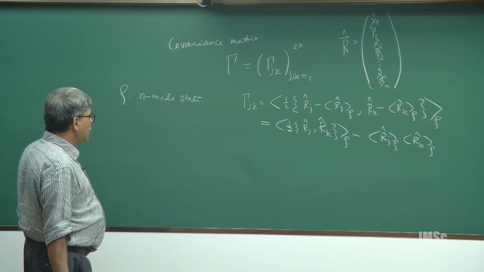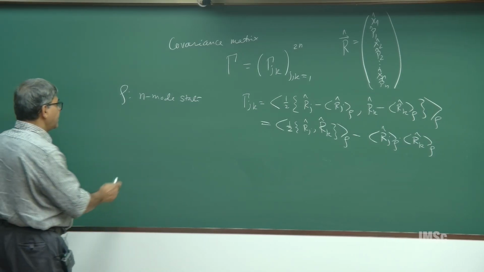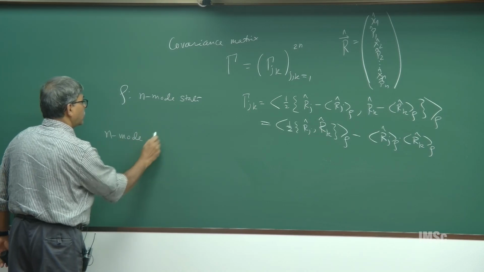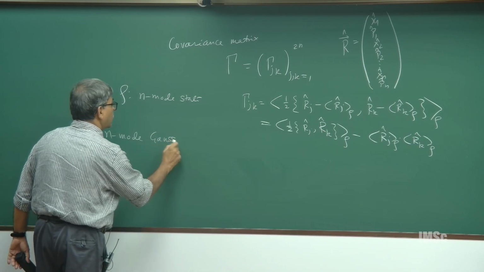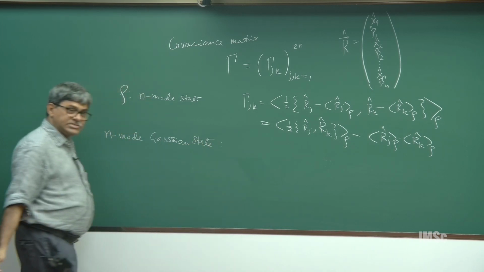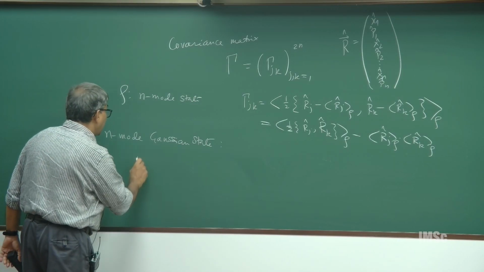So, in the case of Gaussian states, n mode Gaussian states, the Wigner distribution has to be Gaussian.